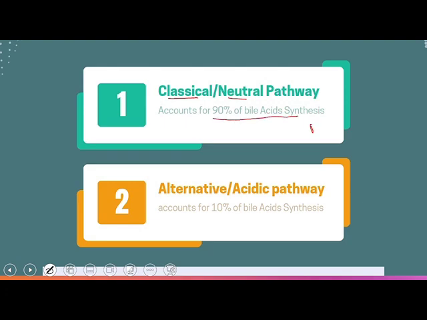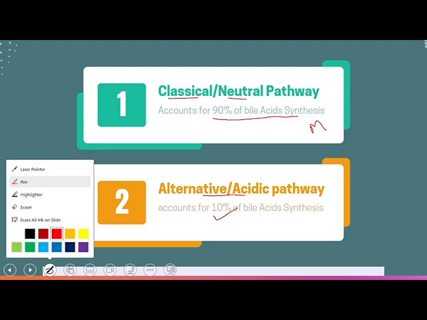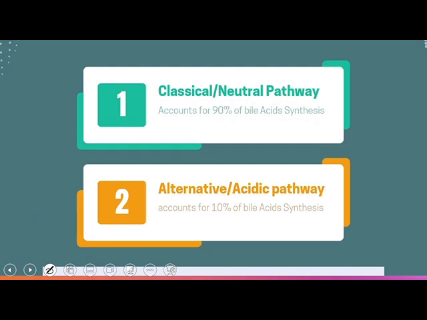That means it's the major pathway. And next is the alternative or acidic pathway, which only accounts for 10% of bile acid synthesis. That means a very insignificant amount of the bile acid synthesis is from the alternative or acidic pathway.